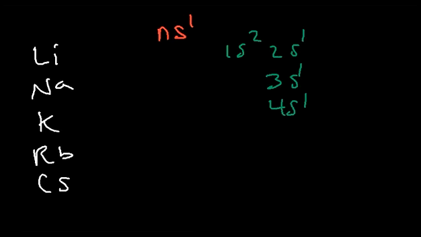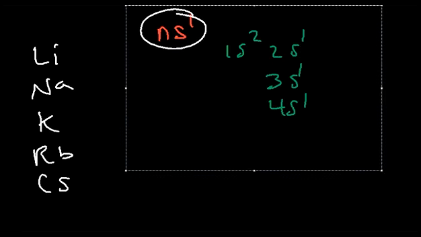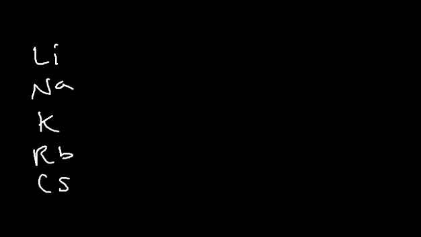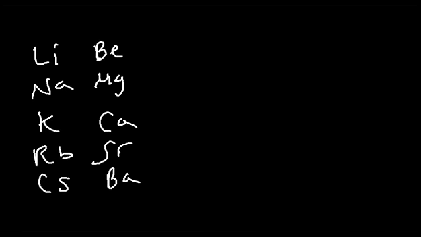So all of the alkali metals, they will end in ns1. And then you have the next group, the alkaline earth metals. So that includes beryllium, magnesium, calcium, strontium, and barium. So these elements, they end in ns2. Beryllium is 2s2, calcium 4s2, strontium 5s2.